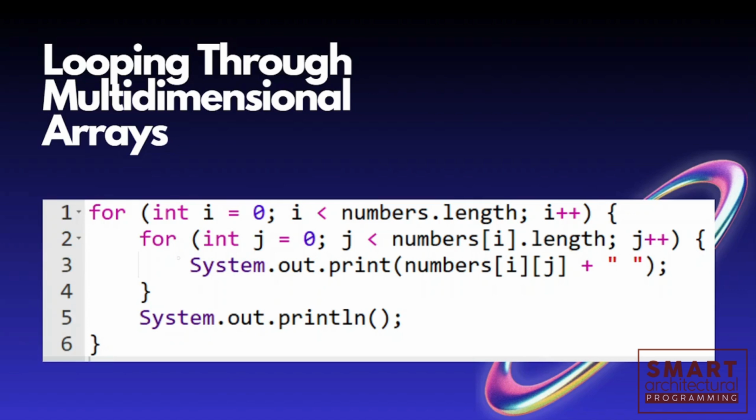The outer loop goes over each row and the inner loop goes over each column in that row. Always remember, numbers.length is the number of rows and numbers[i].length is the number of columns. So this one tells us the number of rows, and then with the square bracket and dot length here, it tells us the number of columns.